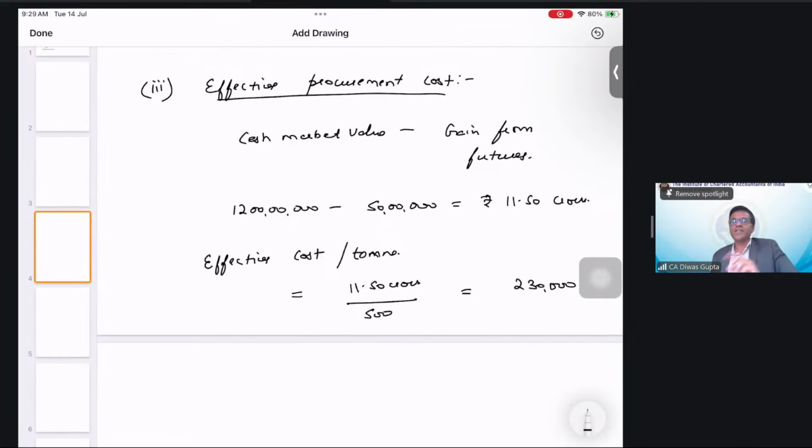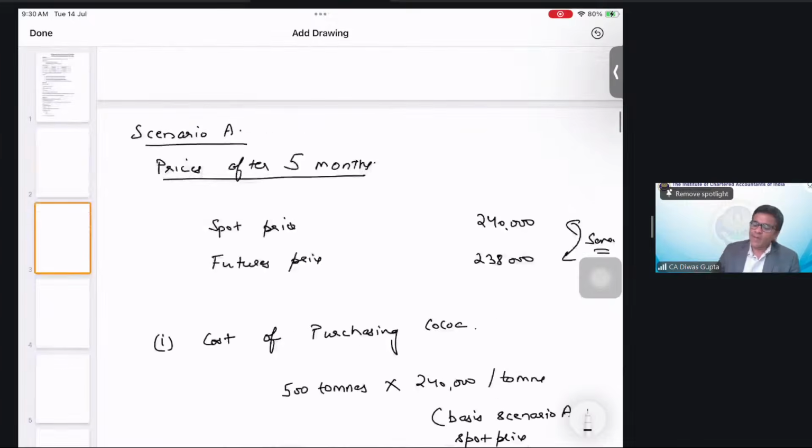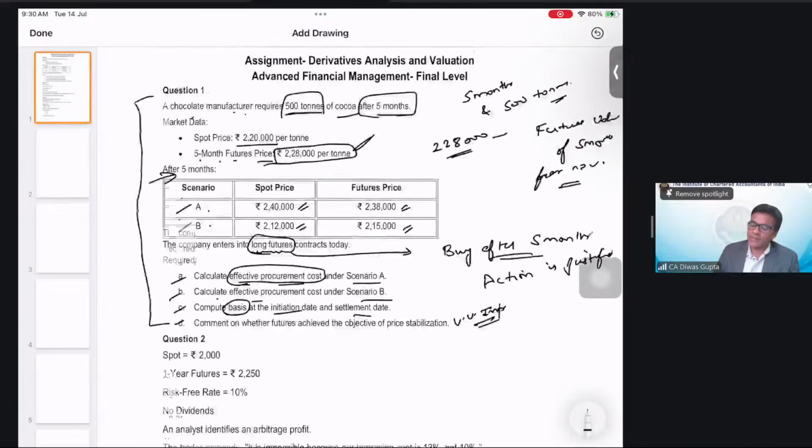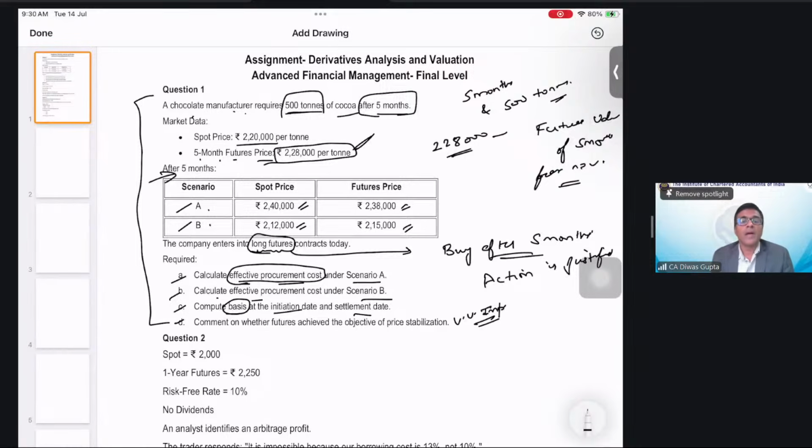So this is the first scenario in which we have calculated the effective procurement cost. Now, what is the catch in scenario A, or in fact, a similar catch will be in scenario B, is that effectively, the price of the futures at which you enter, which in this case was 2,28,000, actually becomes your actual execution price also on expiry. But in this case, it didn't, because the spot price on expiry was different than the futures price on expiry.